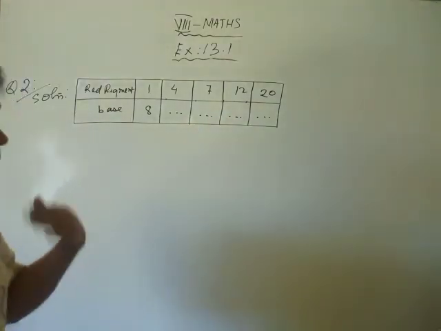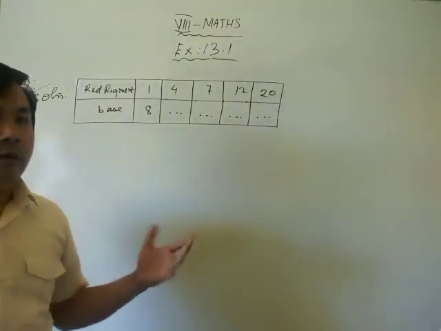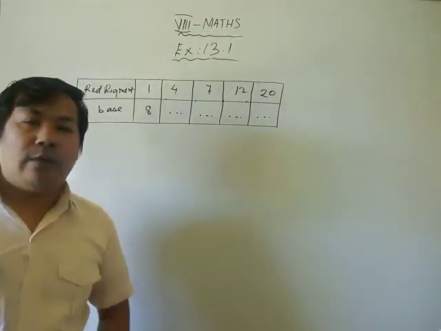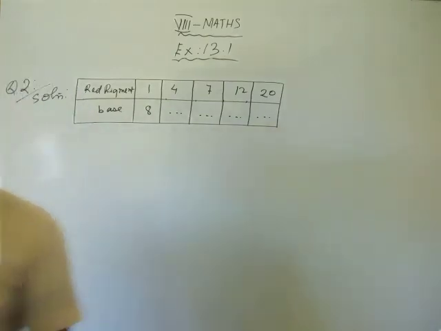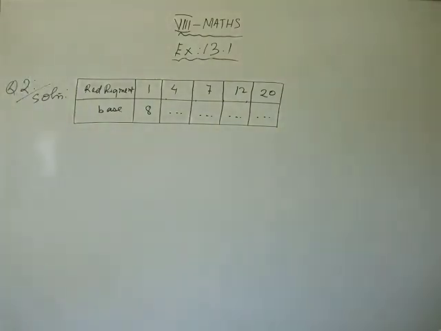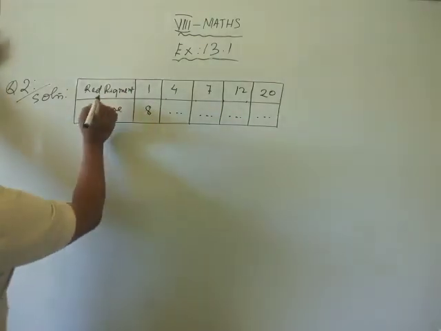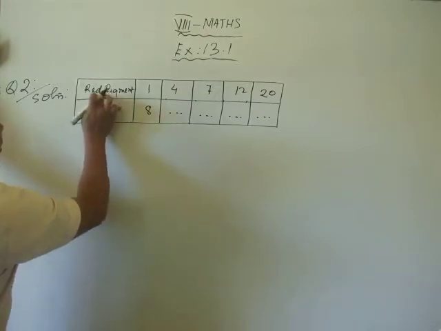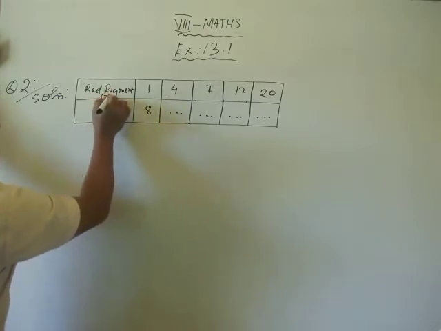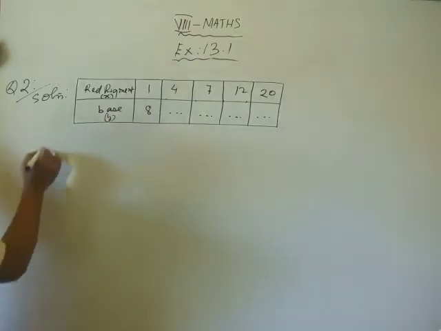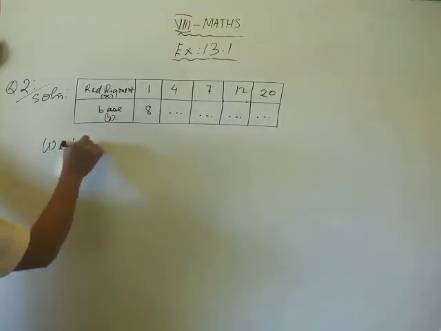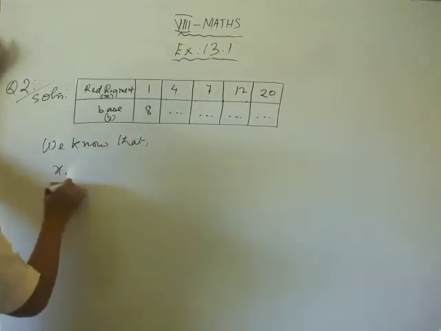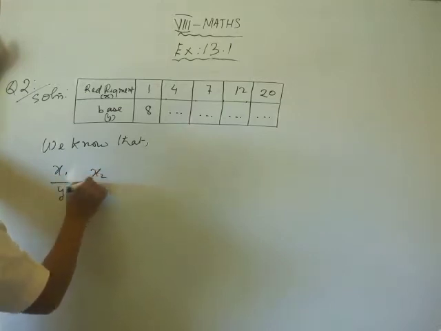You will find out. We will follow the same concept of proportionality, that is x1 by y1 is equal to x2 by y2. That proportionality we will follow. Very simple. So red will be x and base will be y. That means we know that x1 by y1 is equal to x2 by y2.